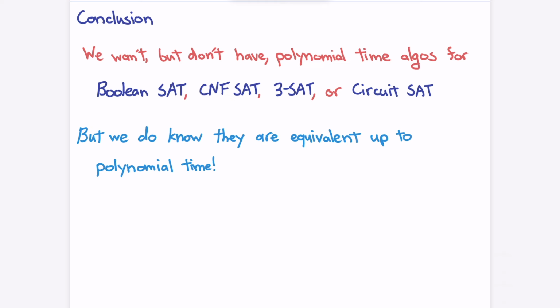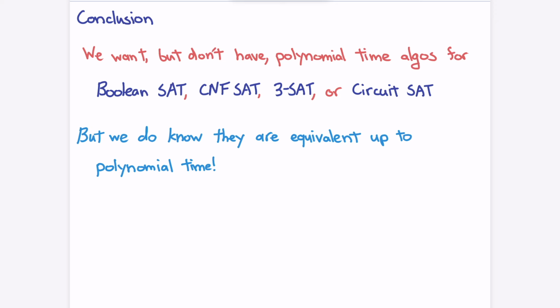But we don't have polynomial time algorithms for any of these problems, right? But they're very natural problems. We wish we could solve them, right? They seem to be very natural. But we actually know that they're equivalent up to polynomial time.